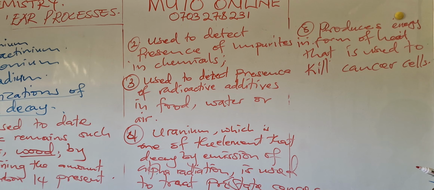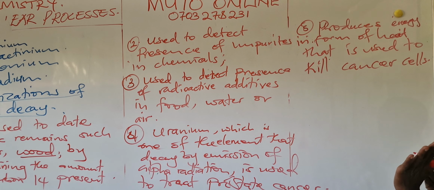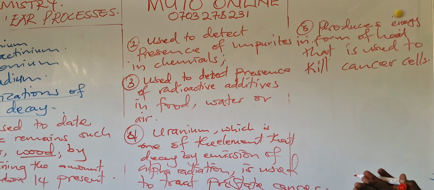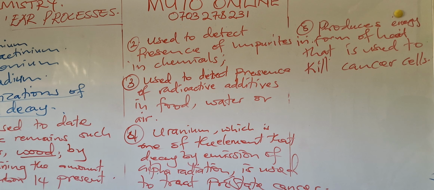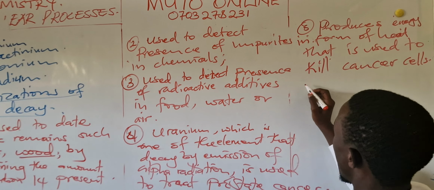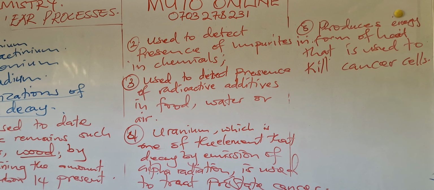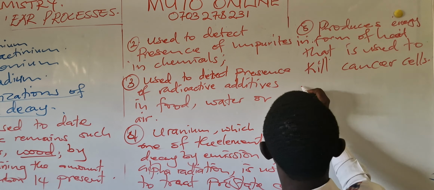It is one of the fluorescent substances. When alpha radiations strike any fluorescent substance, the alpha particles will be absorbed by that substance and emit the energy from the alpha radiations as light of very high wavelength, colored light. So it is another application. It is used in fluorescence of fluorescent substances.